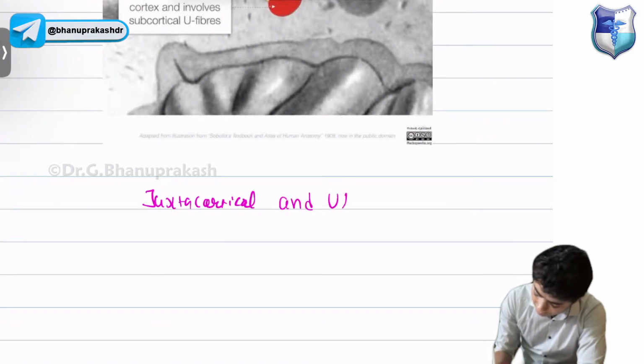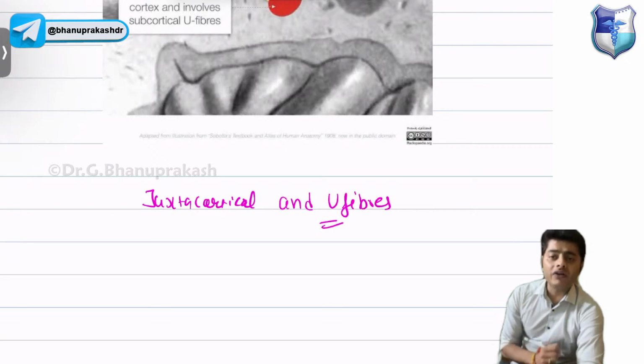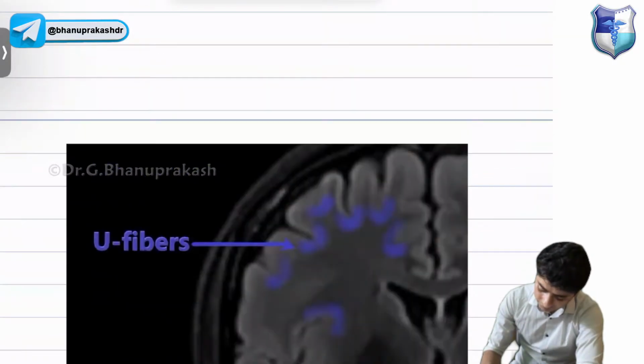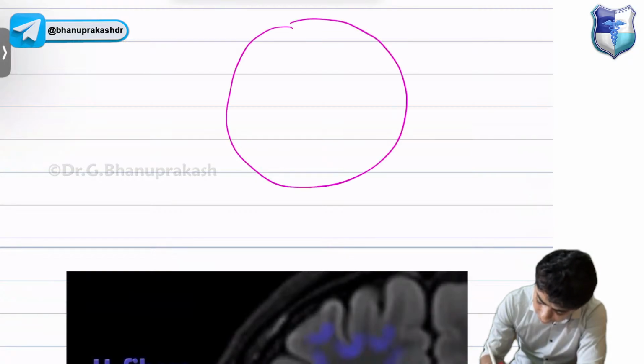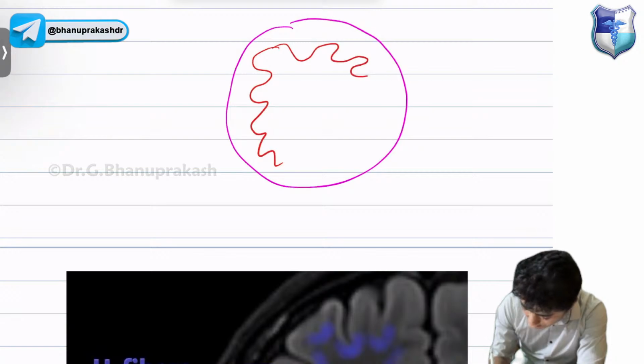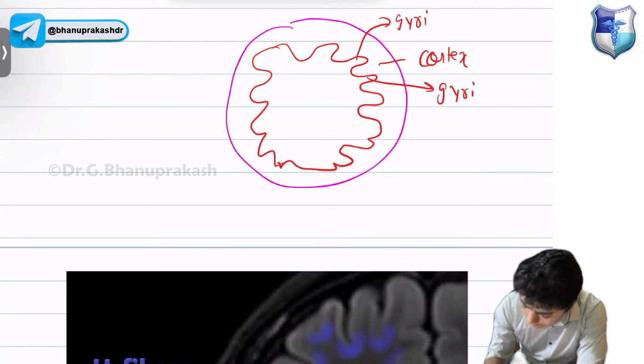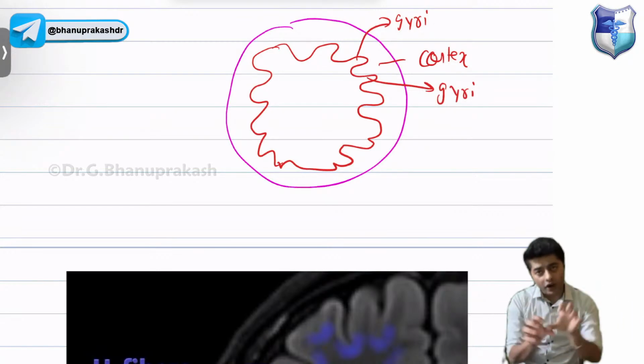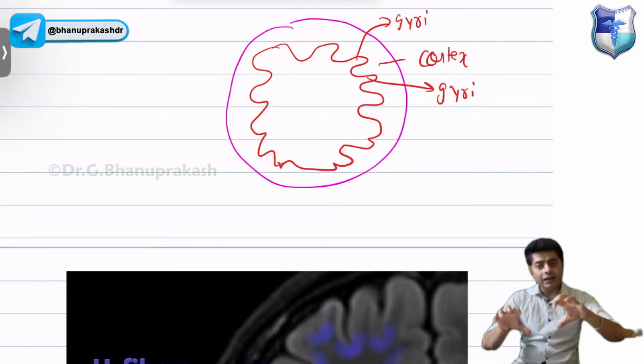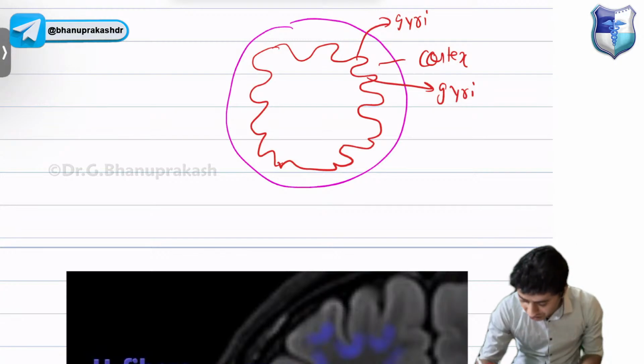And there is something called U fiber. Now, what is this U fiber? See, if this is your cerebral cortex, and this is one gyrus and this is another gyrus, these gyri will be joined with the help of association fibers, and these association fibers are U-shaped.